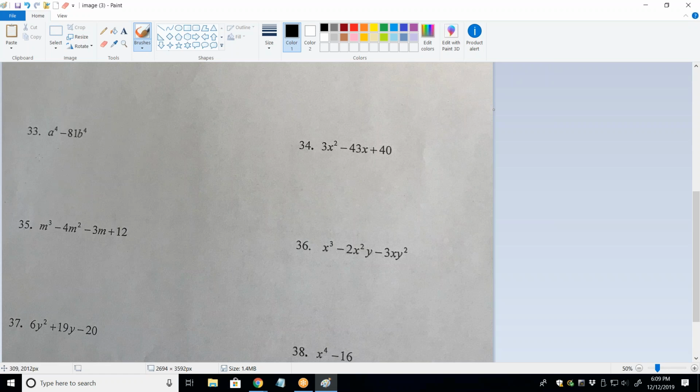If you view it as difference of perfect squares, what's the first term going to be? A squared. Good. Minus what? Minus 9b squared.